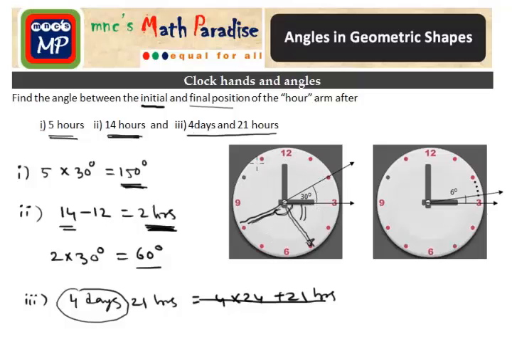So after 4 complete days, the hour clock will be in the same position. Then there are the 21 hours. For the days we don't need to calculate anything. Complete days, the hour clock will always come back to the same position.